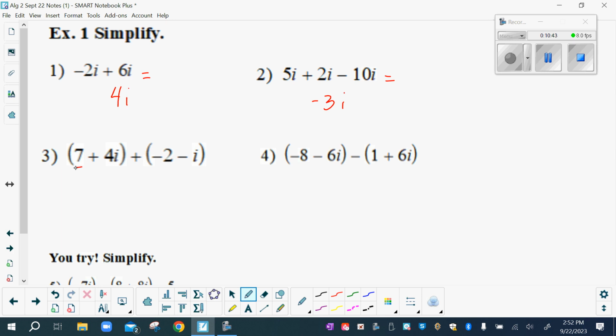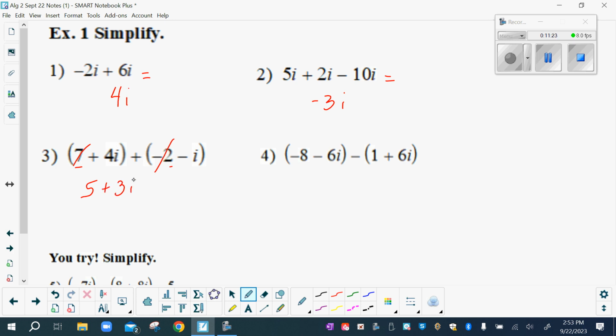So we're going to take the 7 plus the -2, which adds to 5. And then we're going to add the 4i and the -i. 4i plus -i, what does that add up to? Yeah, so we just add the numbers in the front, 4 plus -1, which would be 3i.